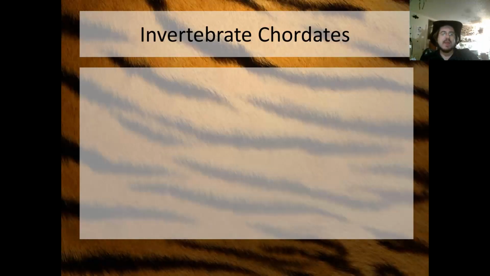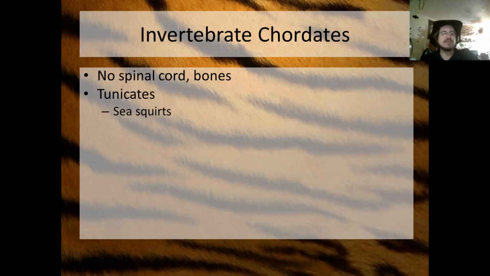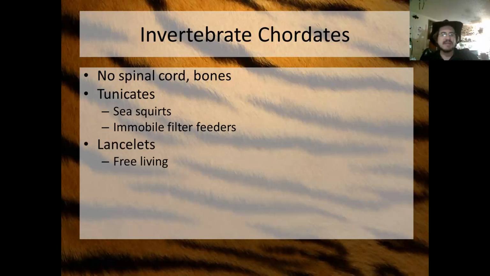So there are invertebrate chordates. Invertebrate chordates do not have a spine. They don't have bones, per se. They have no spinal cord and no bones. And these include the tunicates, which are sea squirts. And these are little immobile filter feeders. And then there's also the lancelets, which are free-living filter feeders.